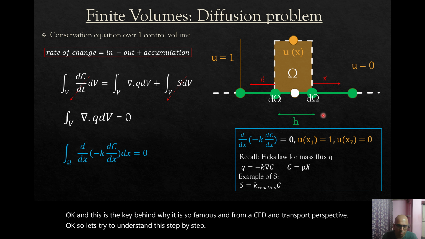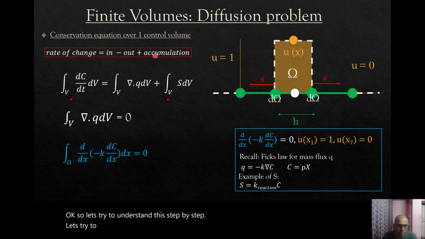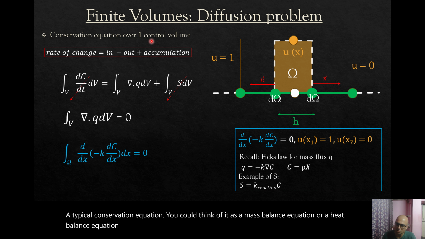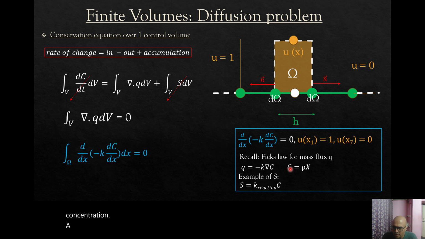Let's first have a look at how to write this conservation statement. A typical conservation equation could be a mass balance equation or a heat balance equation. In this case, let's look at just mass balance. Let's consider a concentration C here. The concentration can be thought of as density times mass fraction.